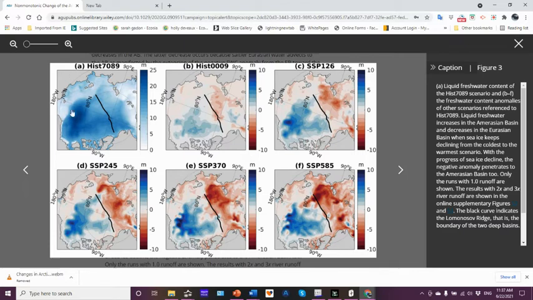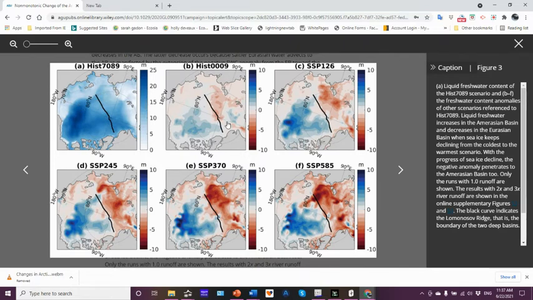Again, this is the historical time period. Now, keep in mind, they're showing these values in meters. What this is not saying is, oh, this is 25 meters higher than, say, over here. No, these are cumulative measures.